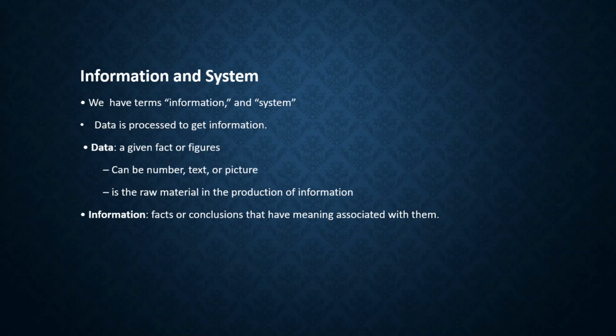That is why data collection should be done in a proper, convenient and effective manner, so that you can get more reliable and complete information. Data is processed to get information. So you know the difference between data and information.